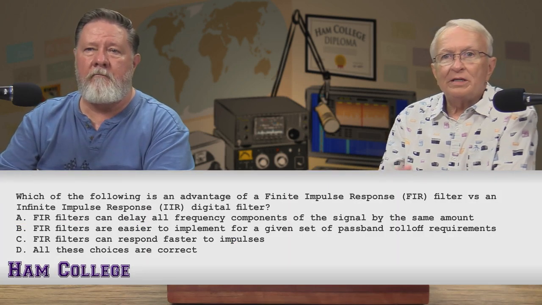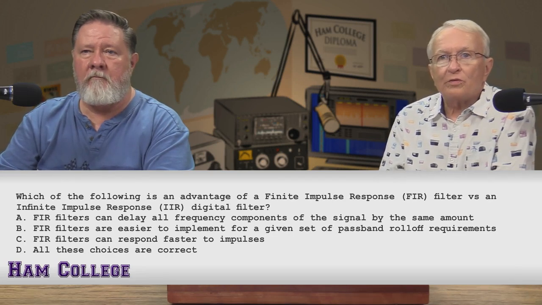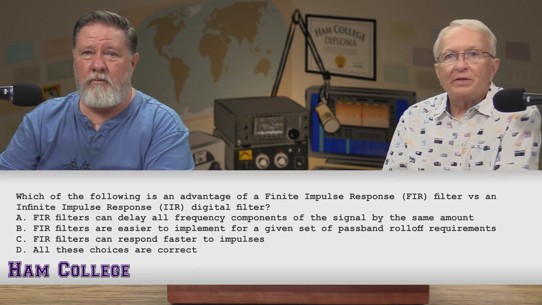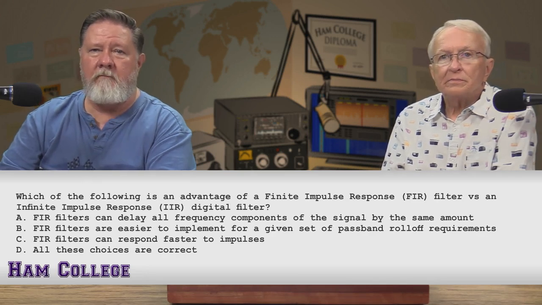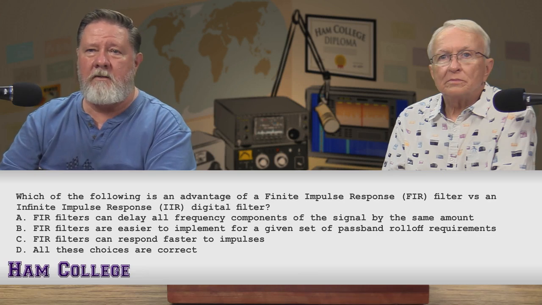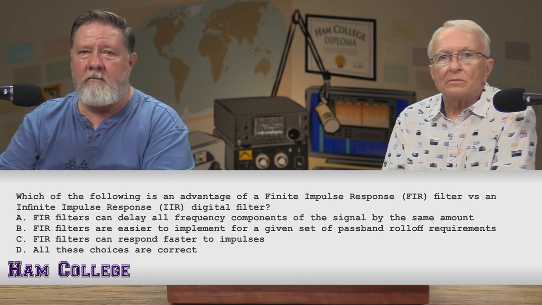Which of the following is an advantage of a finite impulse response filter, FIR filter, versus an infinite impulse response, IIR digital filter? A, a FIR filter can delay all frequency components of the signal by the same amount. B, FIR filters are easier to implement for a given set of passband roll-off requirements.